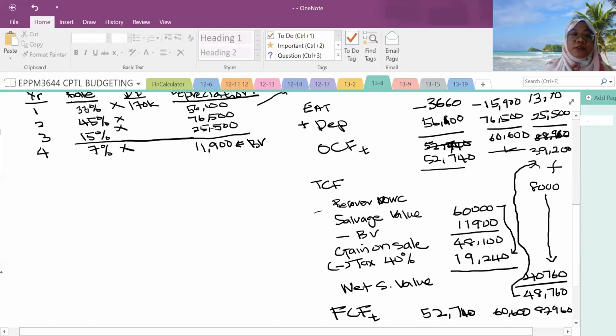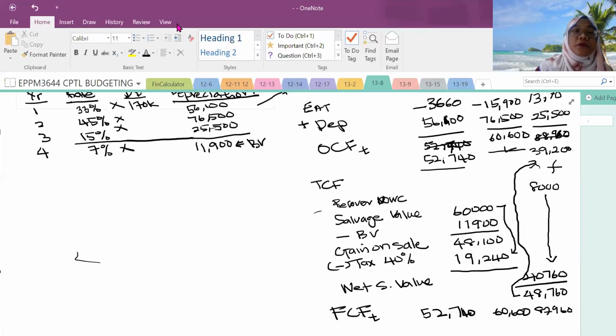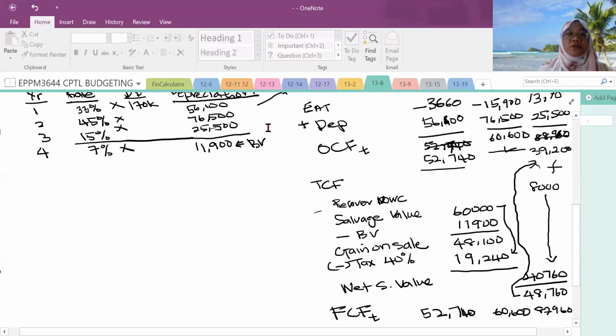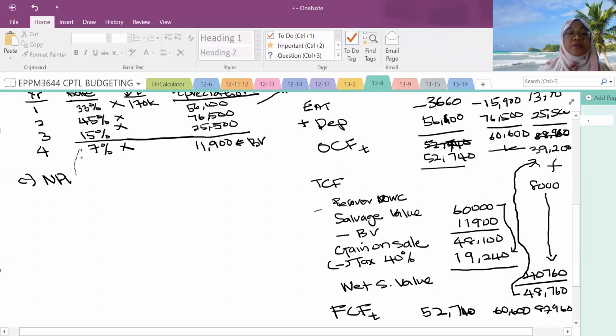So if we are going to put this and calculate the net present value, because that is how you're going to answer part C, right? By calculating the net present value. How do you know that? It's by default. If the question is asking you to make a decision about the project, then by default, you have to calculate the net present value.